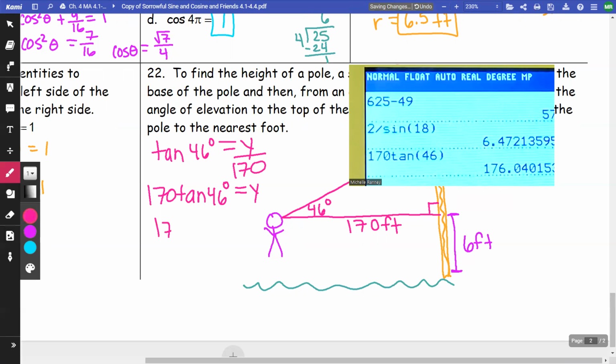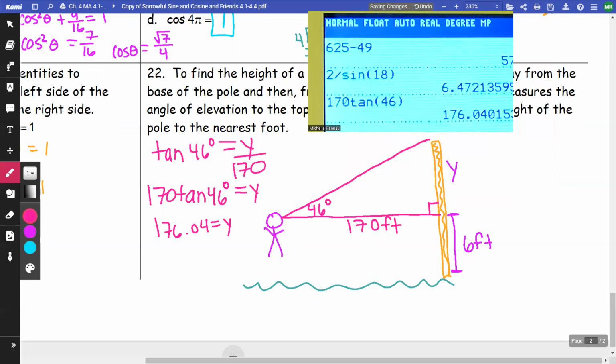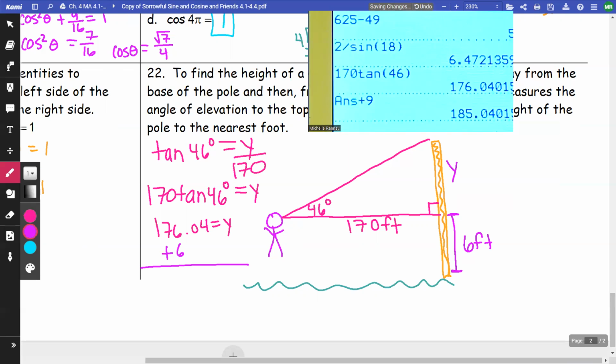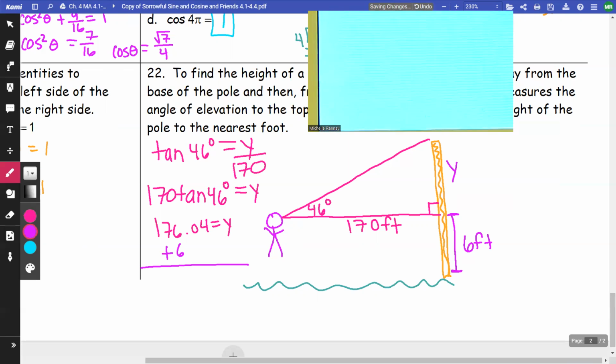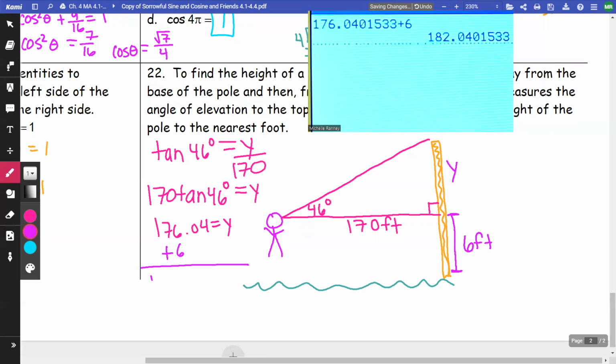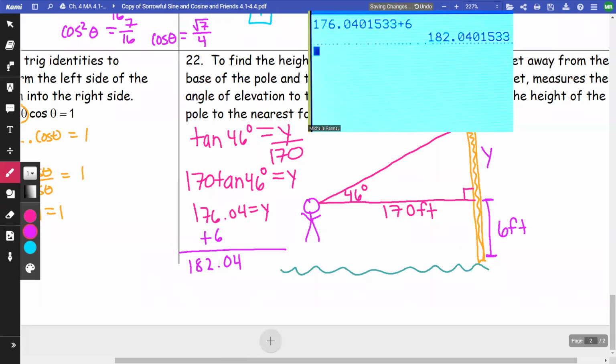We end up with 176.04. Then remember, I need to add on the height. Okay, so I need to add on the 6. So let me line it up better. So I'm adding 6 onto it. So when I add 6 on, I'm going to get 182.04. And they wanted it to the nearest foot. So it's going to be about 182 feet.